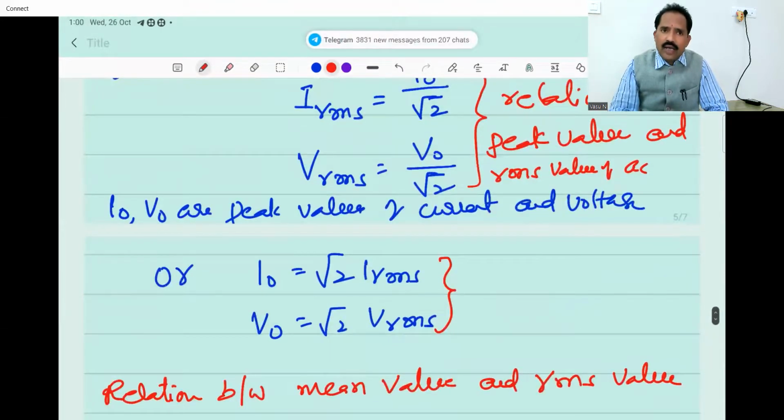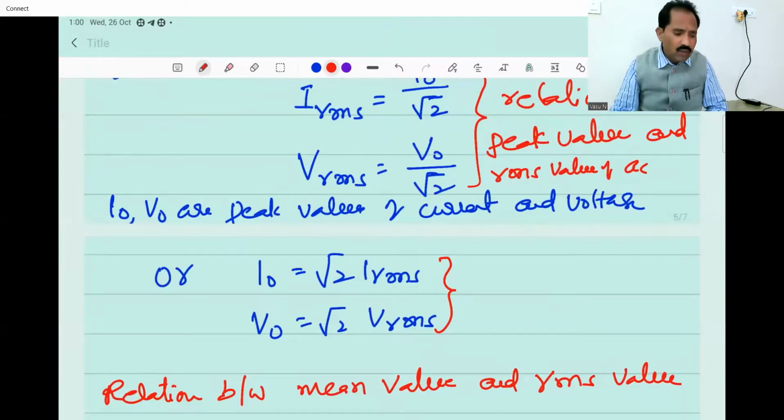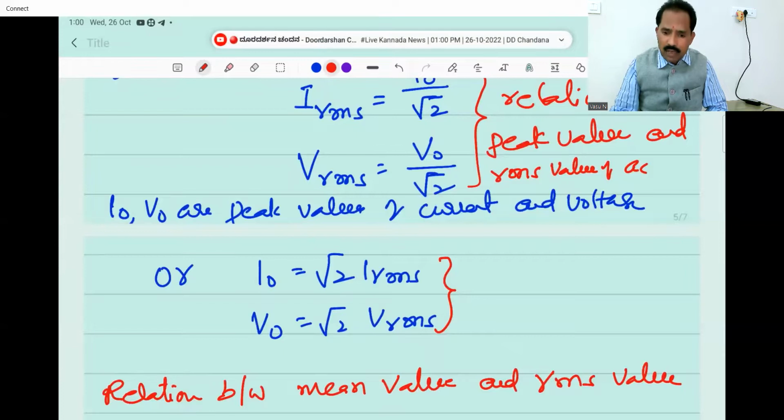What is I naught? I naught is equal to root 2 into I_RMS. V naught is equal to root 2 into V_RMS. See, the peak value is more than I_RMS by root 2 times. V naught is greater than V_RMS by root 2 times. So if I_RMS is given, you can find I naught. That is the equation we are going to use while solving problems.